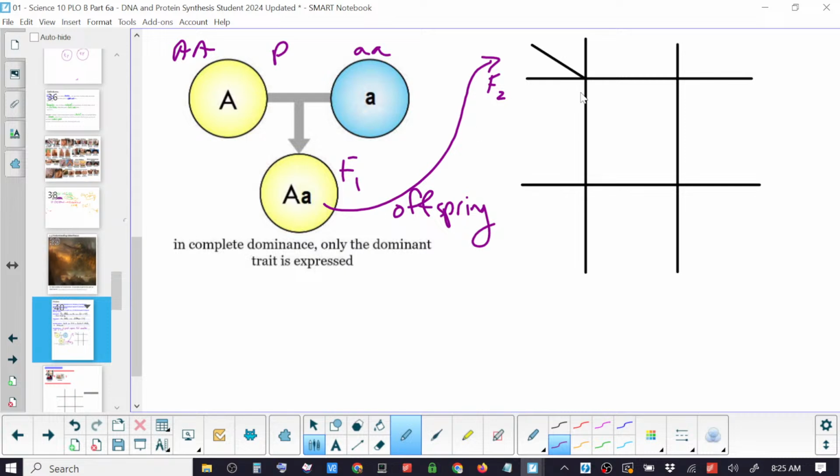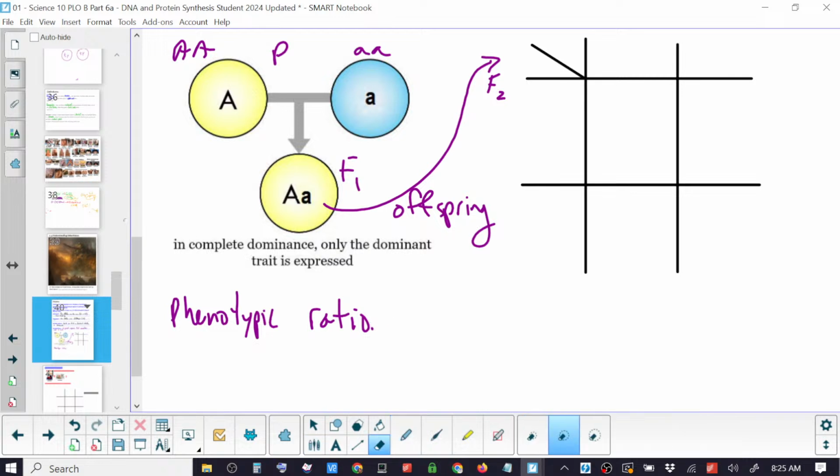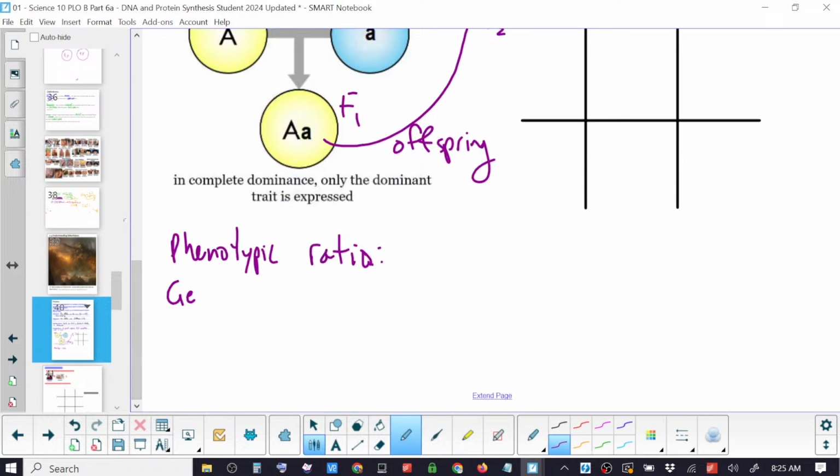And give me the phenotypic ratio. With what they are. What's P? The genotypic ratio.